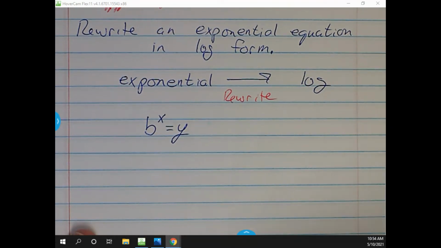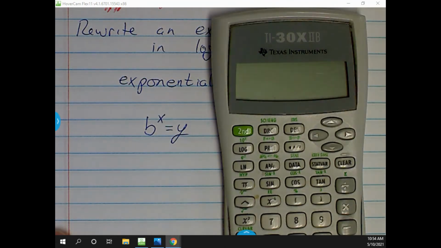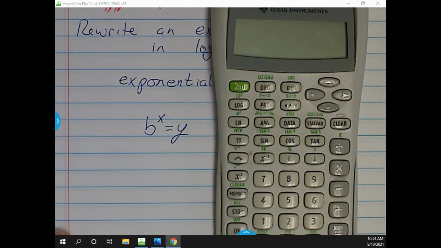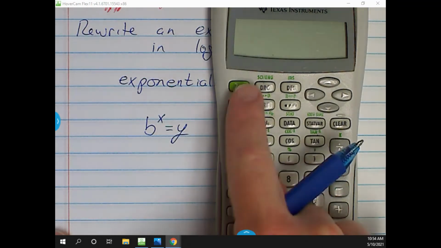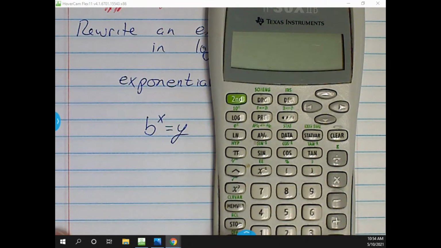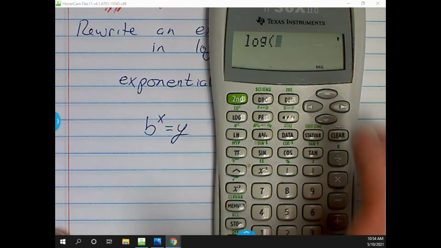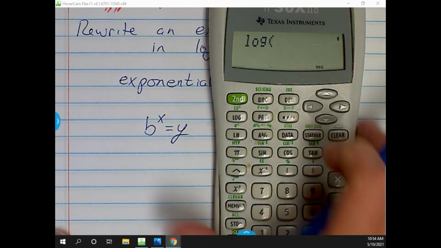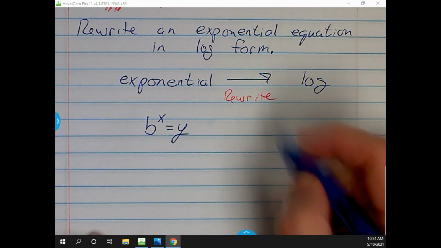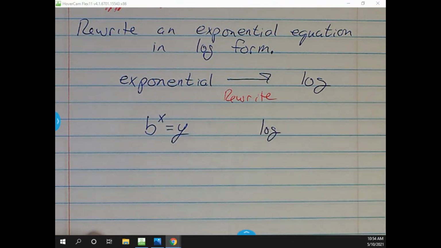Okay, and for log functions, if you haven't ever noticed this on your calculator, there's a log button on your calculator. For this Texas Instruments, it's right here in the top left corner, right below the second button. If you notice, it says log right there. If you hit that button, it gives you the log part of this one. So that's what this is used for when we go through those. To rewrite it in log form, you basically write down the word log.